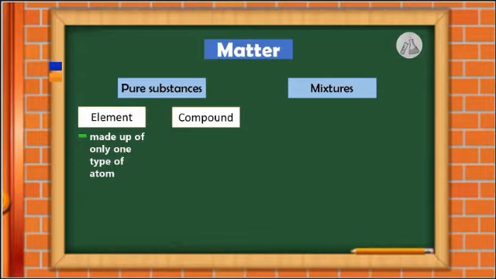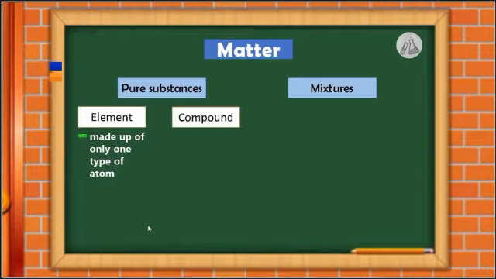But in matter, everything around us is composed of atoms, the smallest unit of matter. Atomo in Tagalog. So tandaan, element is made up of only one type of atom.